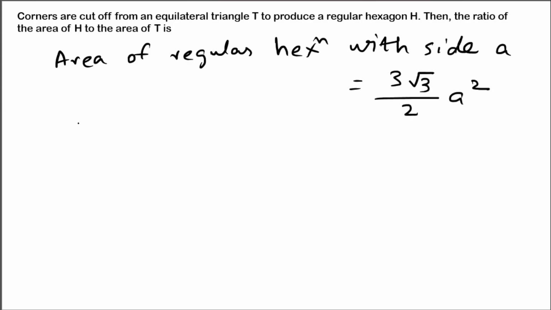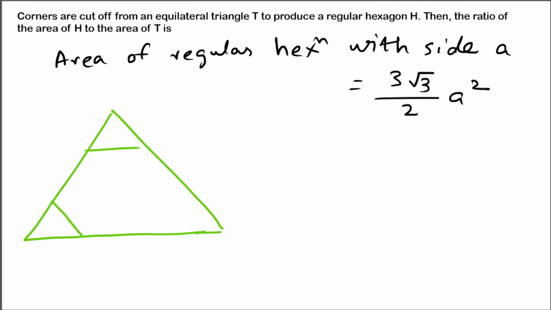Now, sorry, let us not draw the hexagon, let us draw the triangle that was given to us. The triangle was the equilateral triangle. Now the hexagon was cut from it.